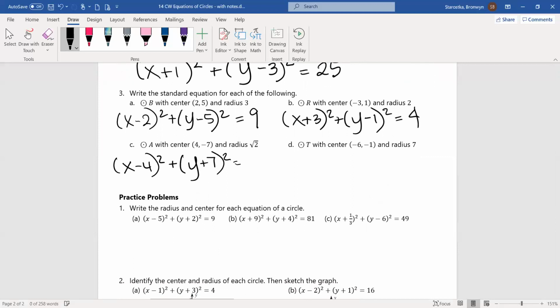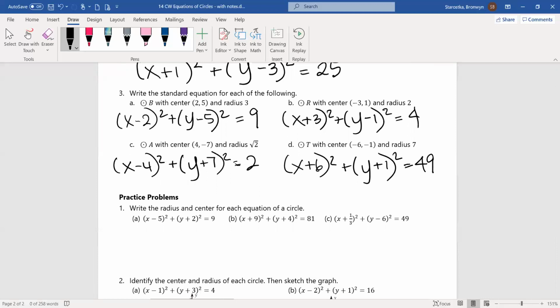And square root of 2 times square root of 2 is square root of 4, and we know the square root of 4 is 2. And for the last one, X opposite negative 6, opposite negative 1. And 7 times 7 is 49. So here we go.